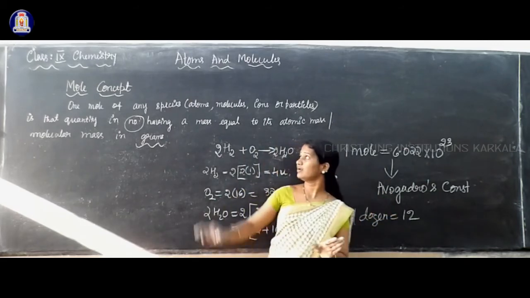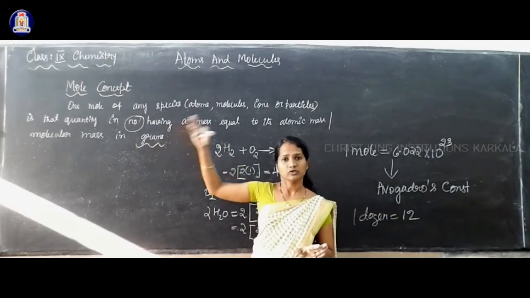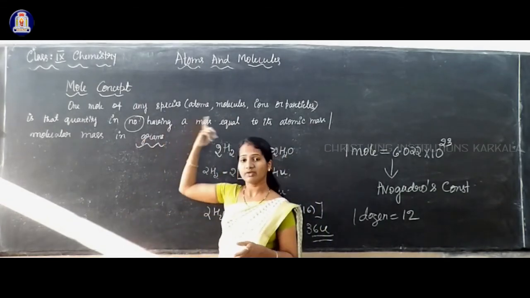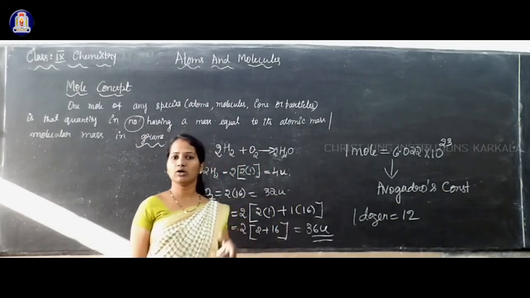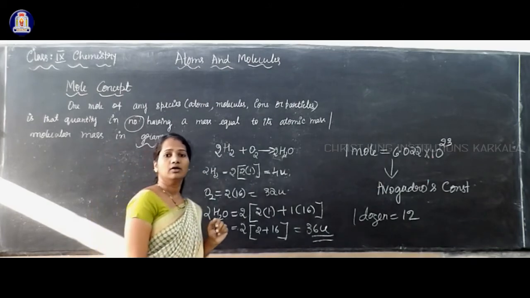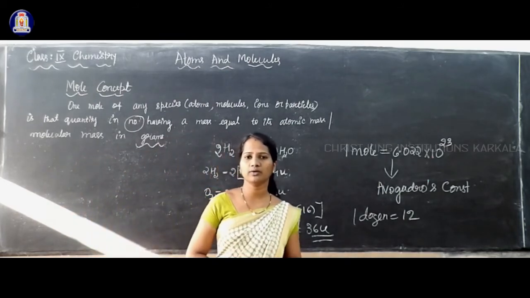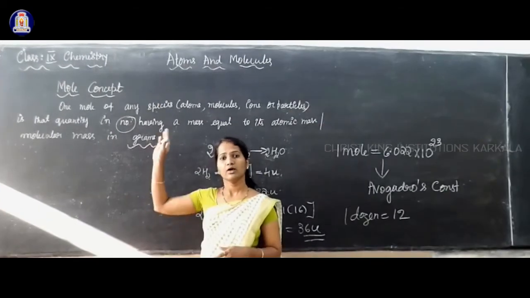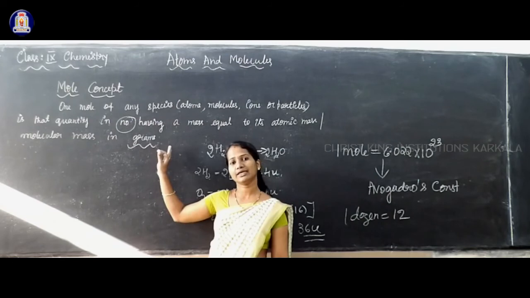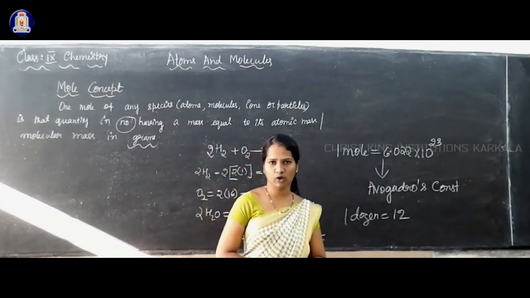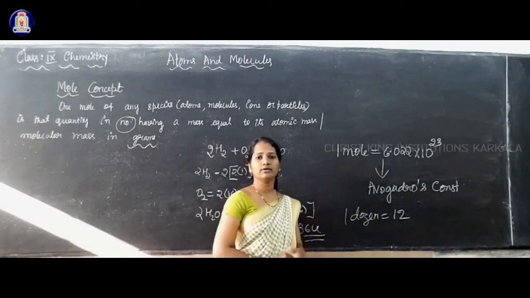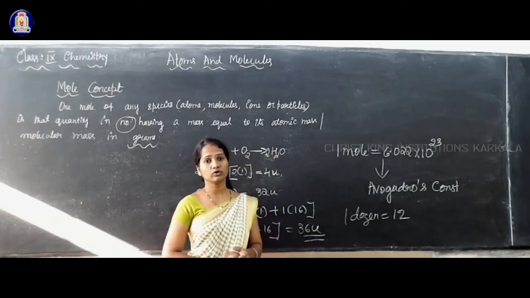So you will understand the mole concept in a better way. Mole is nothing but, usually we calculate the molecular mass or the atomic mass, and that is mentioned in grams, which is called 1 mole. It is also called molar mass, expressed in grams. And remember Avogadro's constant. The value of Avogadro's constant is 6.022 into 10 to the power 23.